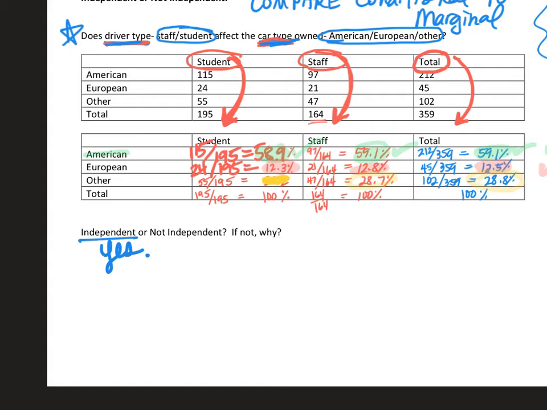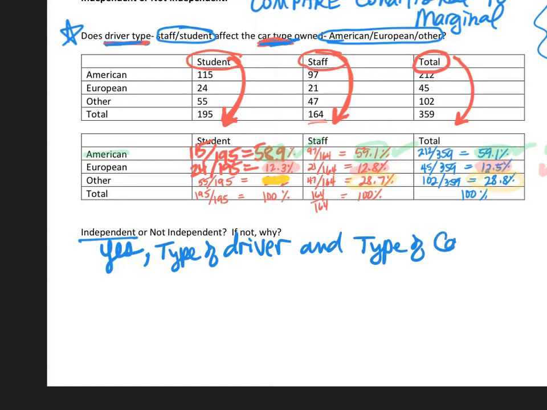So you first need to answer the question. Okay, so type of driver and type of car are independent.